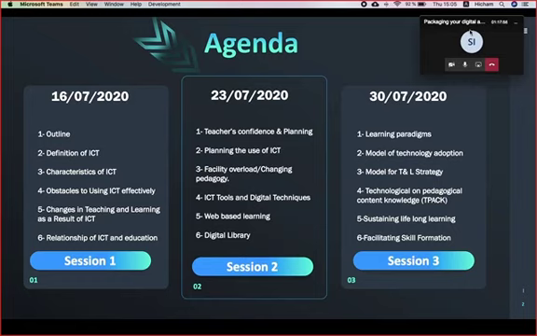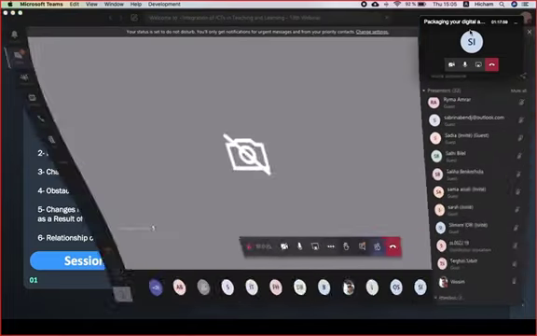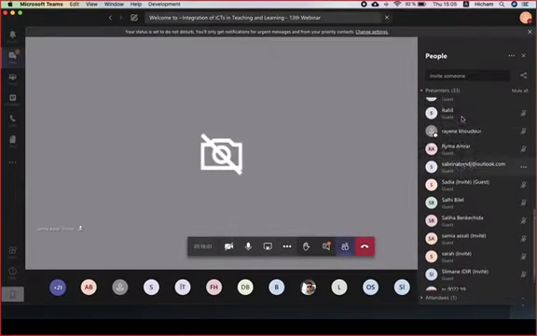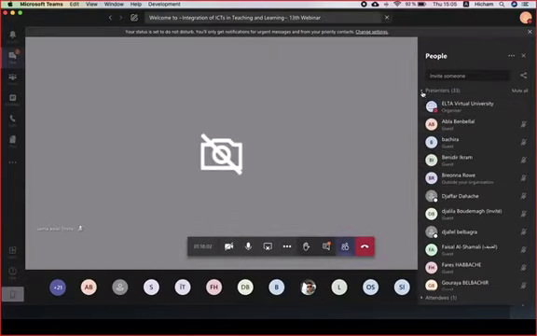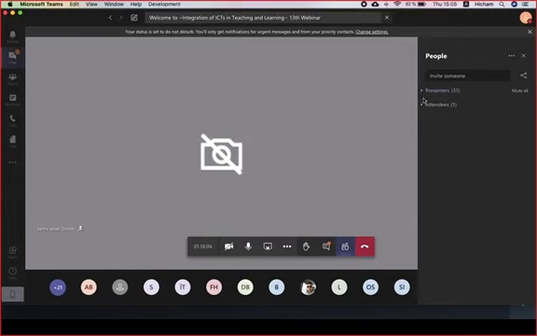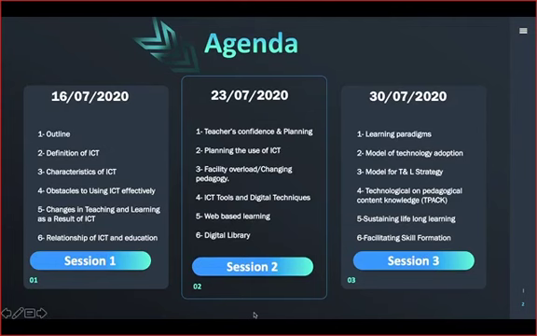It's a sequence that goes along with the first session we had last week. We're going to put an emphasis on all that was discussed last week, covering the importance of using ICTs in the classroom and the way they are going to be incorporated in the pedagogy as well as in the didactic strategies.